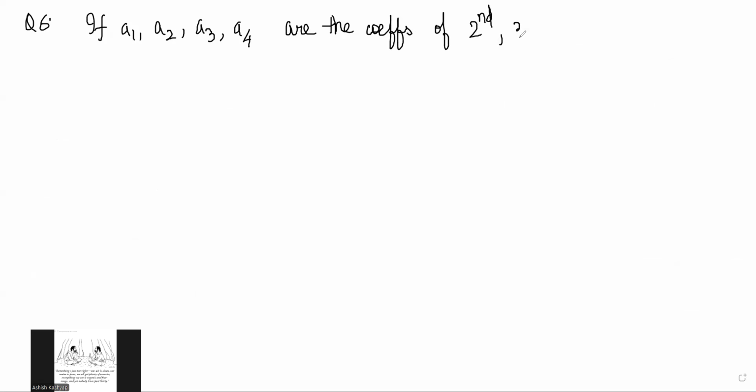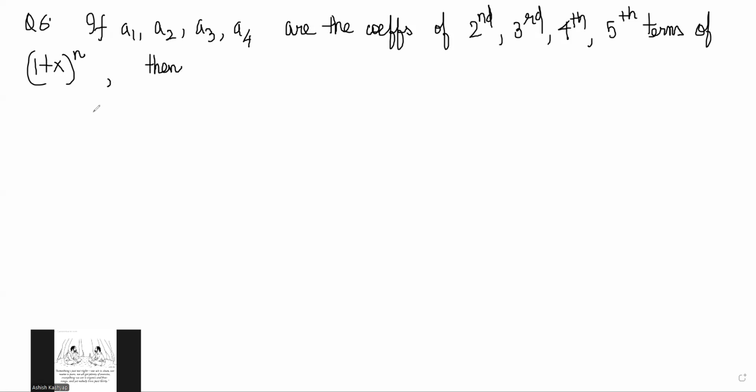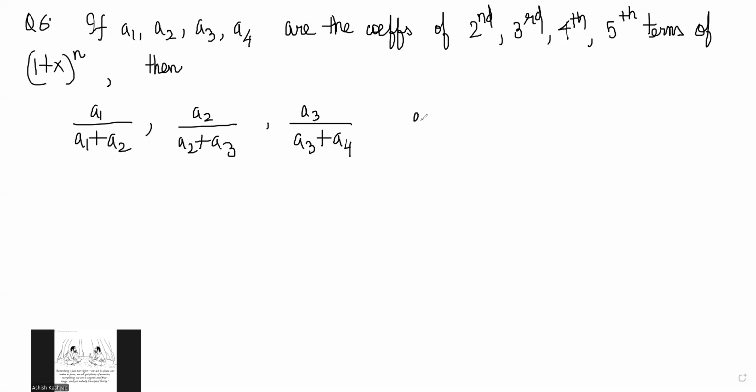Okay, the next problem talks about if A1, A2, A3, A4 are the coefficients of the second, third, fourth, fifth terms of (1 plus x) power n, then we have to find whether the terms A1 by (A1 plus A2), A2 by (A2 plus A3), A3 by (A3 plus A4) are in.